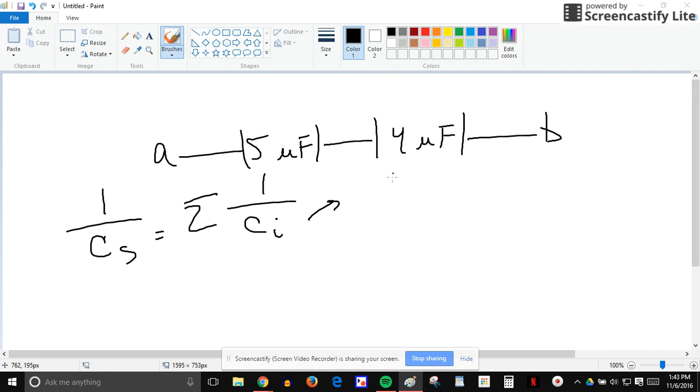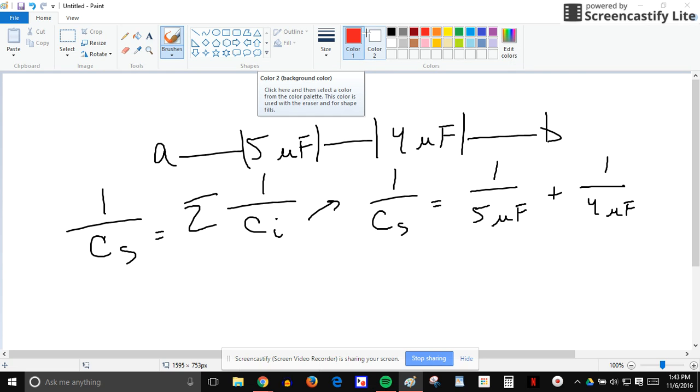That is, in this case, 1 over the equivalent capacitance in series is equal to 1 over 5 microfarads plus 1 over 4 microfarads. Now, remember that when we are finding the equivalent capacitance of two capacitors in series, there's a special formula that we could use.